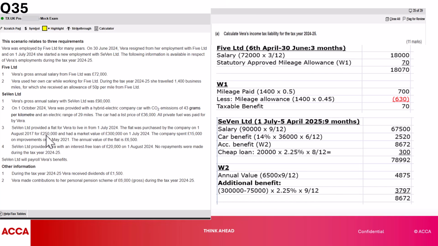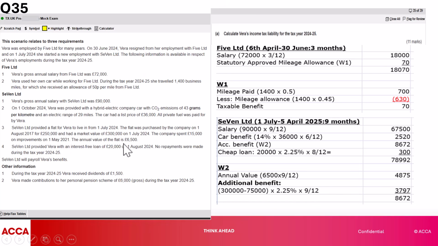Now, to get that cost of providing living accommodation is where you have to be very careful, because you have to ask yourself whether this house was bought more than 6 years before it was given to the employee as a benefit, or less than 6 years. If it is more than 6 years, we take the market value, which is our case. If it is less than 6 years, we would take the purchase cost.